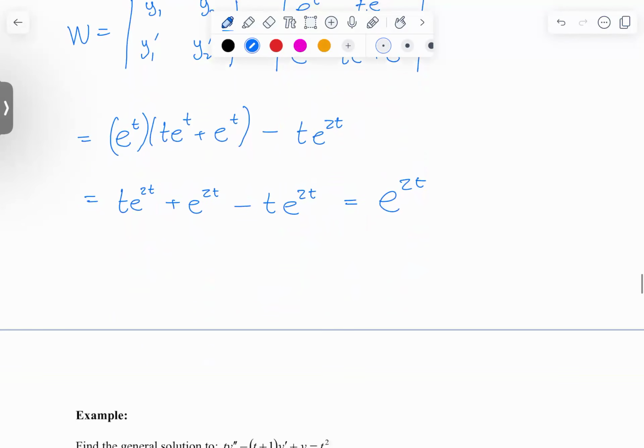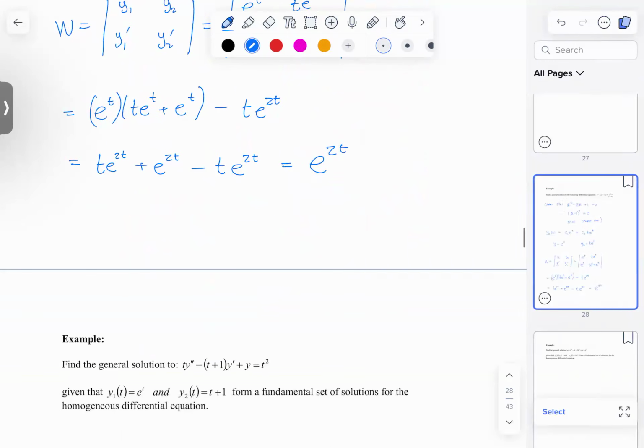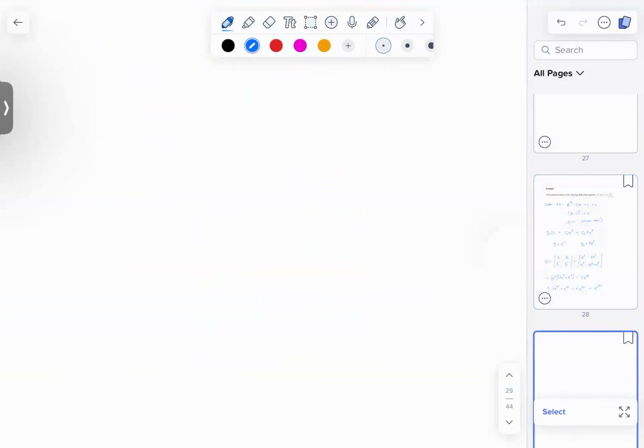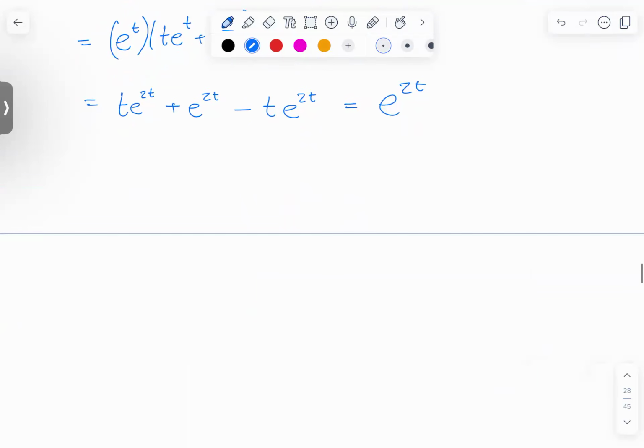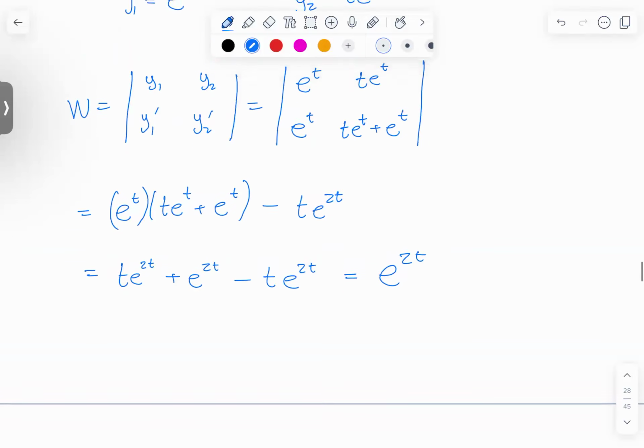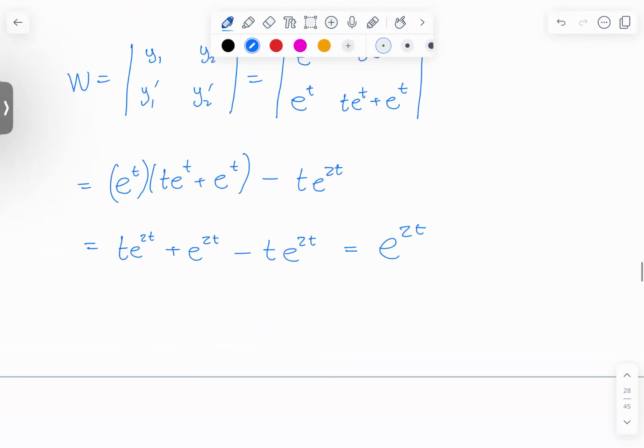So the Wronskian equals e to the 2t. That's all the pieces you need. Identify the Wronskian, identify y1, y2.